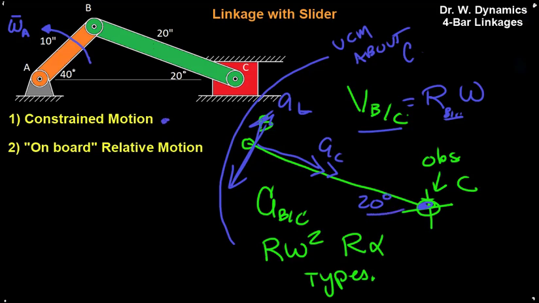So identify constrained motions, uniform circular motion in the case of the link BA and linear motion here, and then look at the links themselves and realize that point B must undergo a form of UCM around point C. It has no choice since the length of BC can't change.